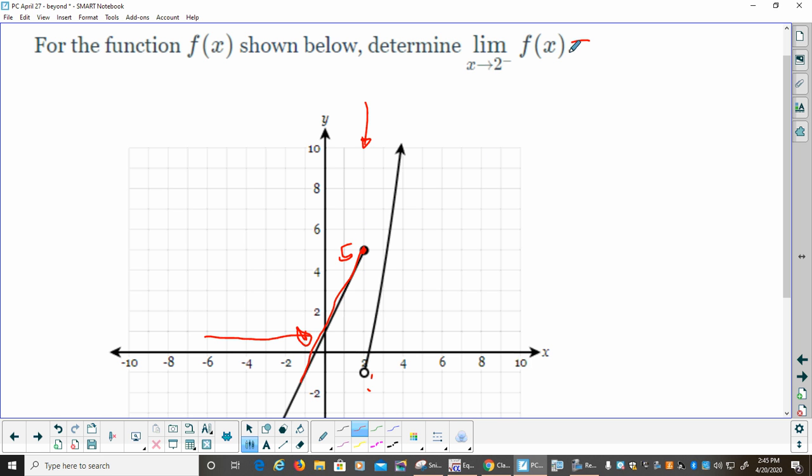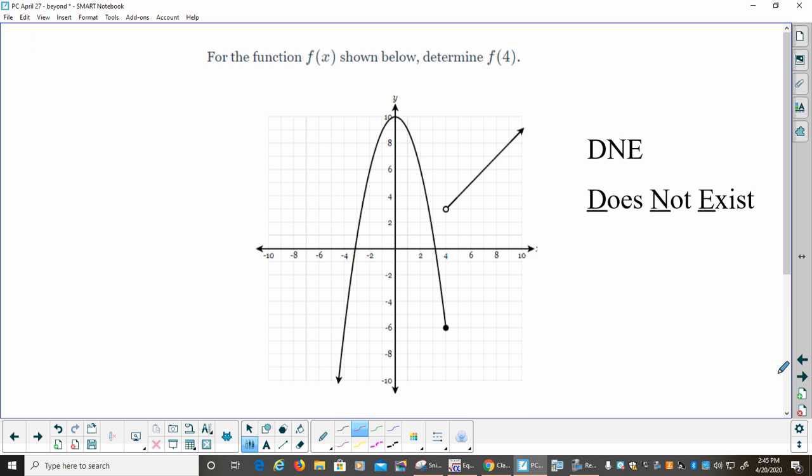That's your answer. If I had a plus there and came at it from the right, your y value would be -1. Again, it wouldn't matter that there's an open circle here. It's the limit as you get so close to it, super close. What's it worth? -1. It doesn't matter that it's open or closed. Okay? It works the same way. Okay?